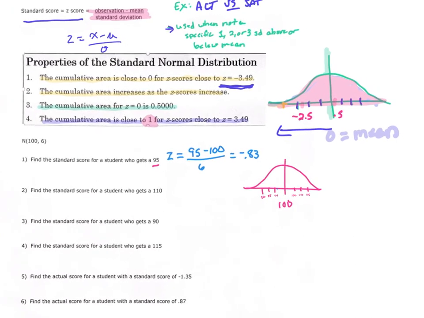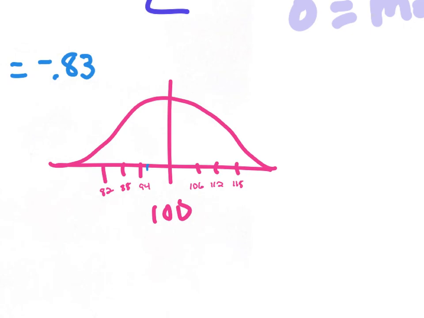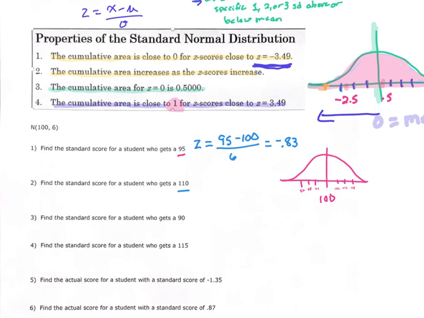And then it says, find the standard score for a student who gets a 110 on this test. So think about where 110 is relative to this. We're close to 2 standard deviations above the mean with that value. So to use this formula again, here's our observation of 110 minus mean all over standard deviation.